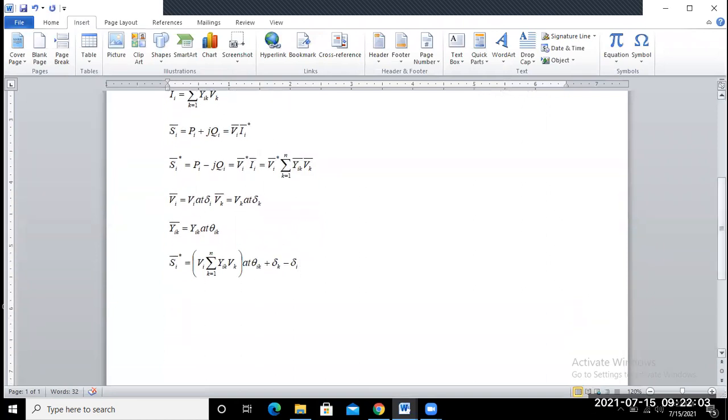So we can write the real part and reactive power, that is Pi and Qi. Pi is the real part of this one and Qi is the minus imaginary part.